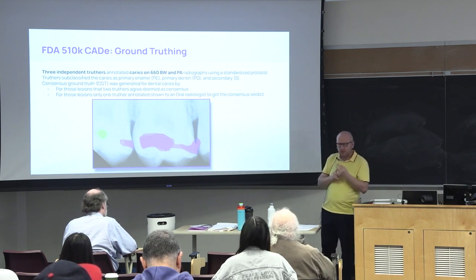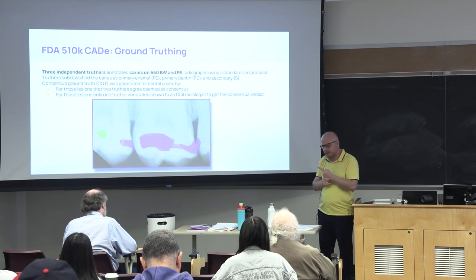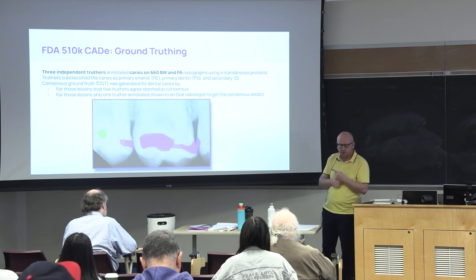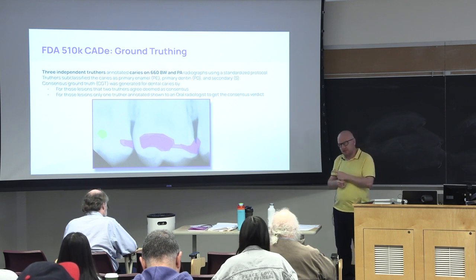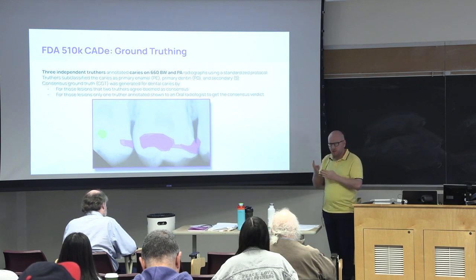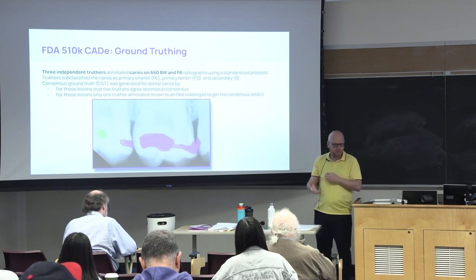Any lesion that no one except one dentist annotated is then shown to the 4th annotator, preferably an oral radiologist, and that 4th annotator's opinion is now rendered consensus on that. So it's essentially 4 votes, but the 4th vote is conditional. That way we are getting the golden set for an FDA ground truth.